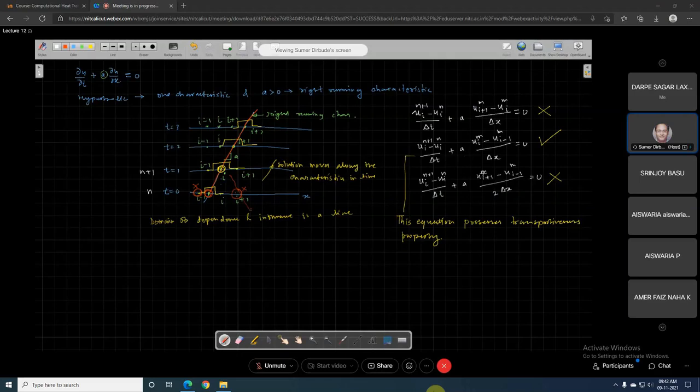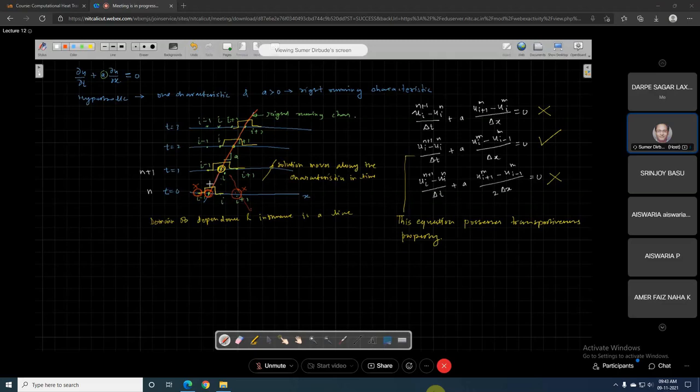Central difference doesn't have a transportiveness property for this particular kind of PDE, because it is not picking the values of the variable. They are not showing the transporting property in the direction of flow.